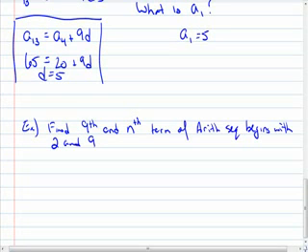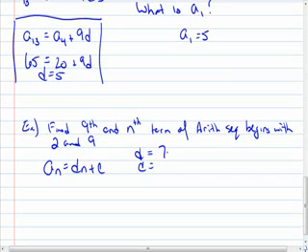Find the 9th and the nth term of an arithmetic sequence that begins with 2 and 9. We need to know what's the common difference? What's C? First two terms are 2 and 9, so what's the common difference?